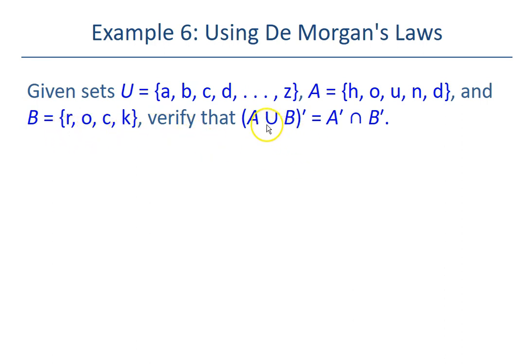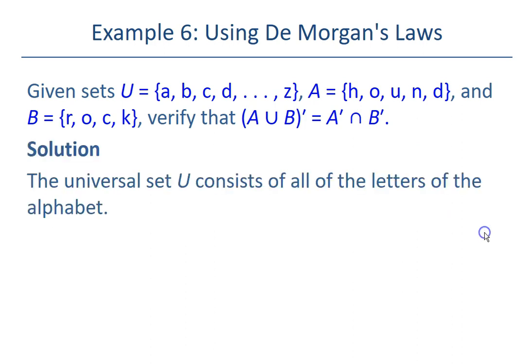Verify that the complement of the union of A and B is equal to the complement of A intersecting with the complement of B. And you're just going to take notes and follow along with this.